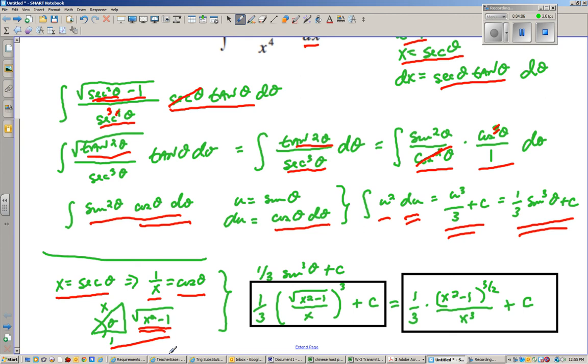So that tells us what sine is in this case. So sine is the radical of x squared minus 1 over x, and I'm going to cube it and multiply it by 1/3. I'm going to take the sine cubed out, right, and I'm going to put its equivalent in x.